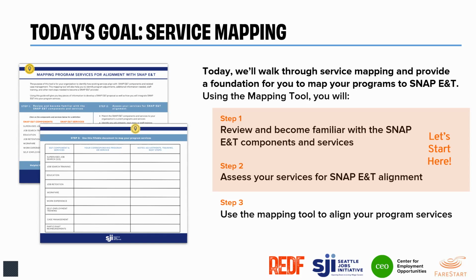And we really want you to become familiar with the FNS approved components. These components are areas in which you probably are already providing some level of programming. And we'll dig into that a little later, what those components look like. But really, we're going to use this tool to assess current programming and how it aligns with the SNAP employment and training components.